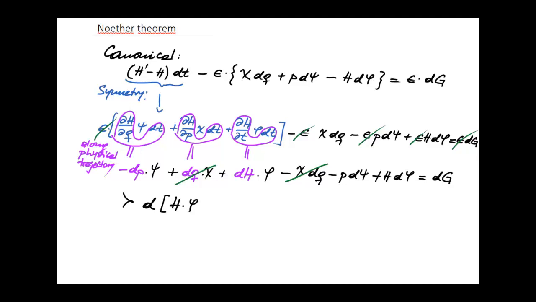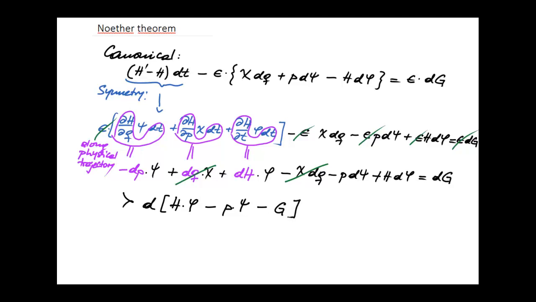What else do we have? We have a minus dp times psi, and later we have a minus p d psi. Taken together, this is minus the differential of p times psi. And then on the right-hand side we have a dg. We can take that to the left-hand side and write minus dg.